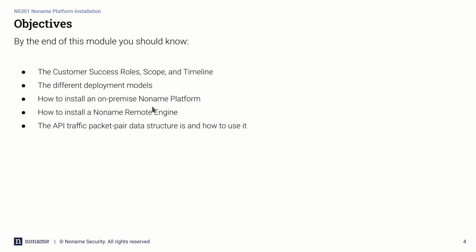Once we provision the remote engine, we will be able to install it. And as soon as we complete the installation of the no-name platform and its remote engine, then we're going to send traffic, right? We're going to mimic traffic arriving at the no-name platform. And that's going to give me the opportunity of explaining what the form of the traffic is, and what it looks like when it arrives in the no-name platform.